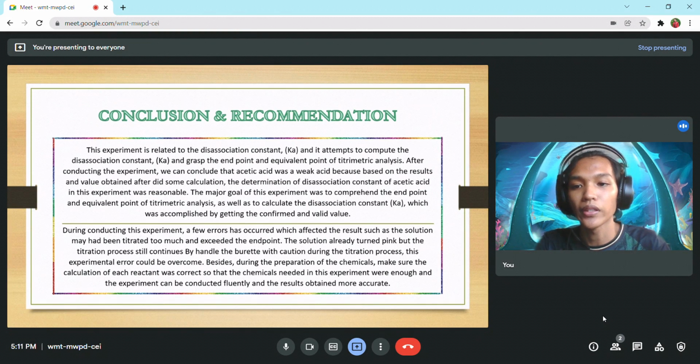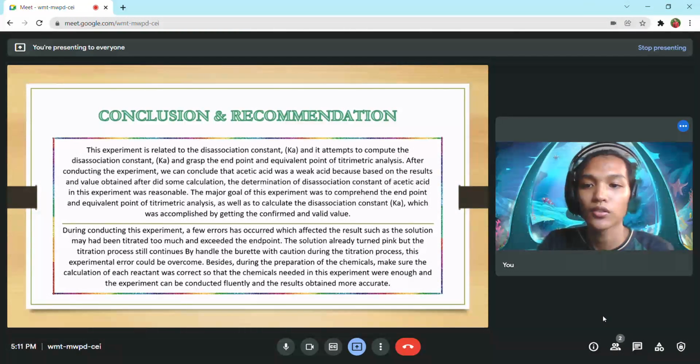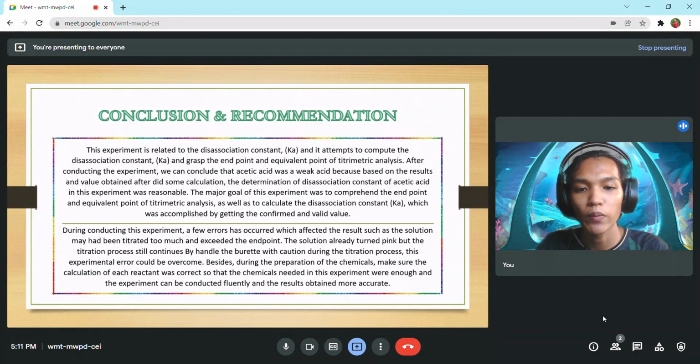The last part of this experiment is the conclusion and recommendation. This experiment is related to the dissociation constant, and it attempts to compute the dissociation constant and graph the endpoint and equivalent point of titrimetric analysis.